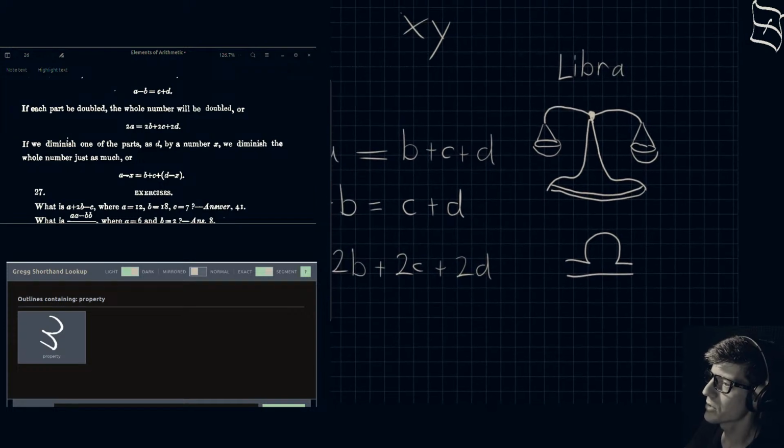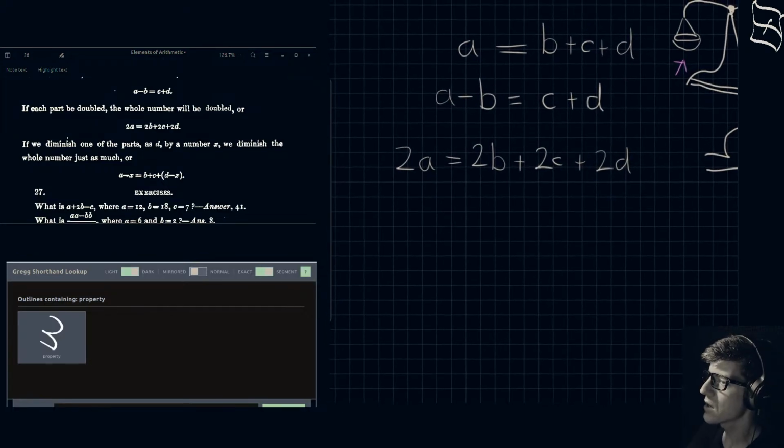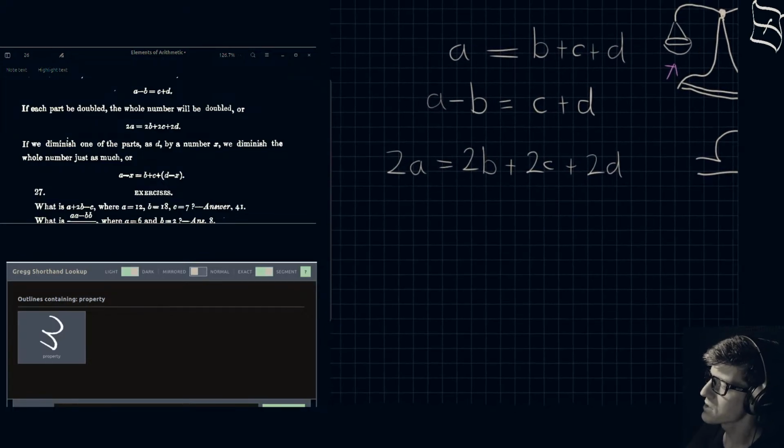We're talking about the balancing of the scales. Whatever we do to one has to be done to the other, right? What we do in one, we have to do in the other in order to keep the scale balanced. That's what an equation is. An equation is the balancing of both halves of the scale.